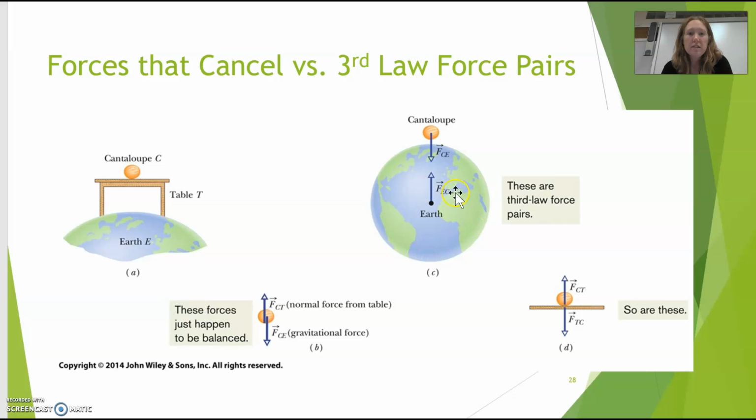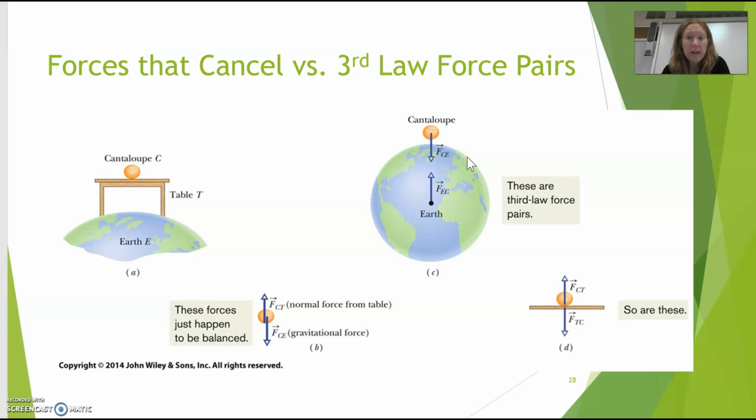This is a silly, way out of scale diagram that shows the force of a cantaloupe on the earth is equal and opposite to the force of the earth on the cantaloupe. All this time we've been talking about the force of gravity, a force that the earth is putting on every object, and it causes acceleration.